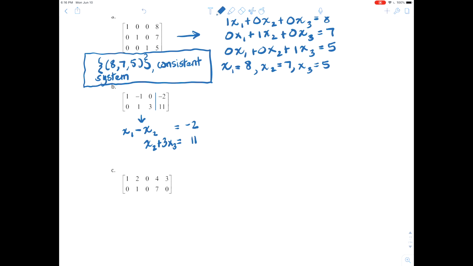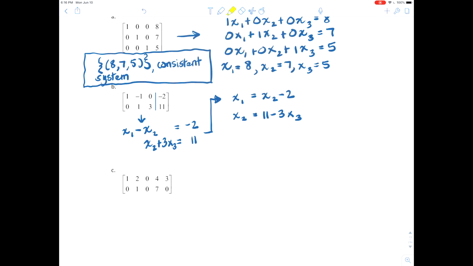So here we go. Let's come over here, and in the first equation, why don't we isolate x1? So here we have x1 will equal positive x2 minus 2. And for the second equation, let's go ahead and isolate x2. So x2 is going to equal 11 minus 3x3. Now, can't we go ahead and simplify this a little bit?